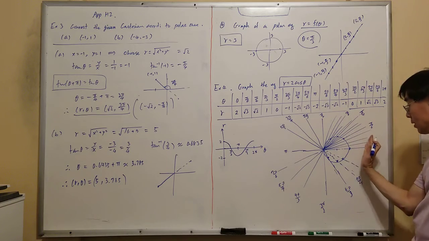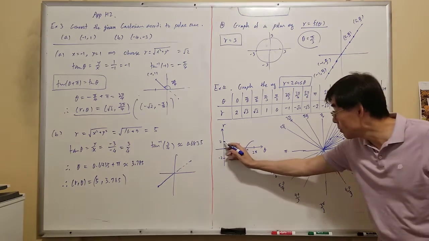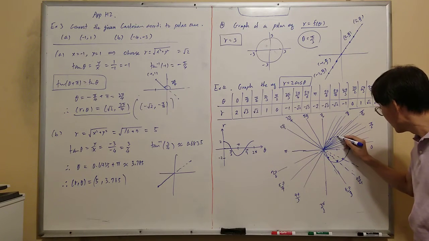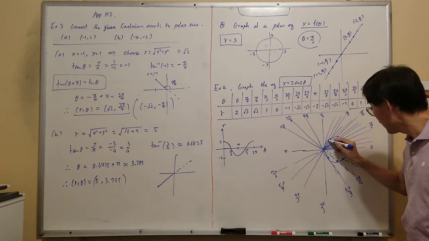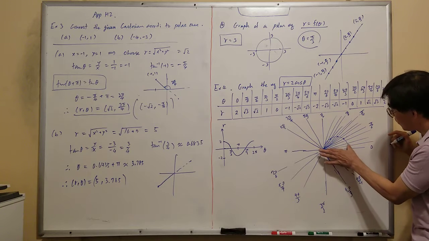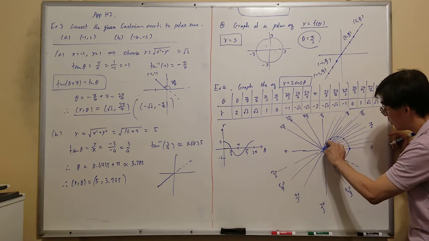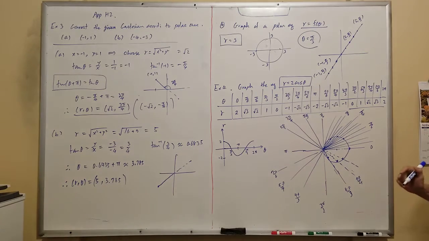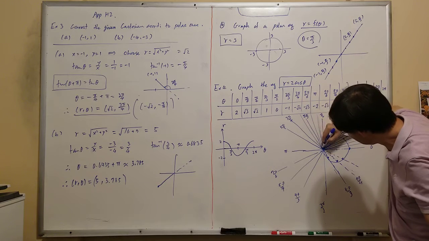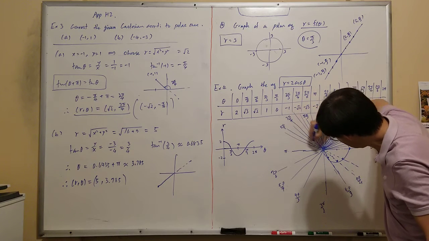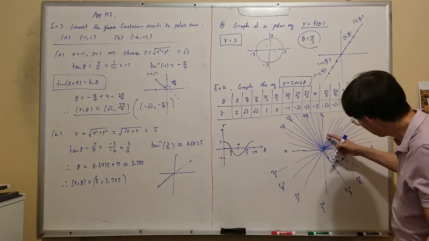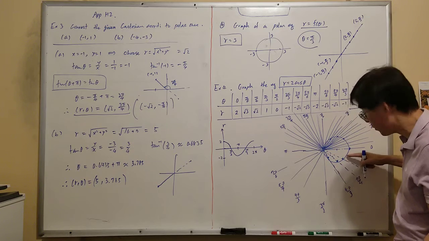So if you imagine the many different theta values, as theta increases, your distance from the origin decreases from 2, shorter and shorter, down to 1 and 0, right? And if your theta keeps increasing over here, then 0 to -2, which means the other side, 0 to 2, right?